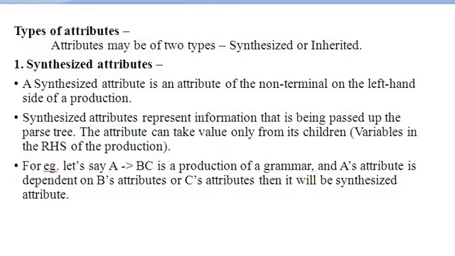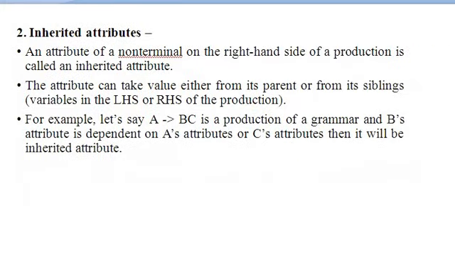For example, there is a grammar where A produces BC is a production. Then if A's attributes are dependent on B's attributes or C's attributes, it will be a synthesized attribute. Inherited attributes.